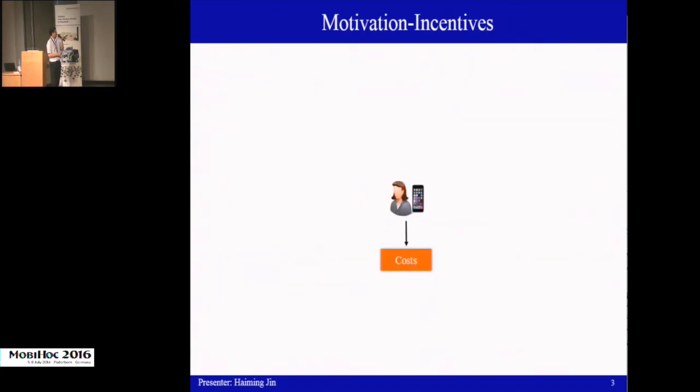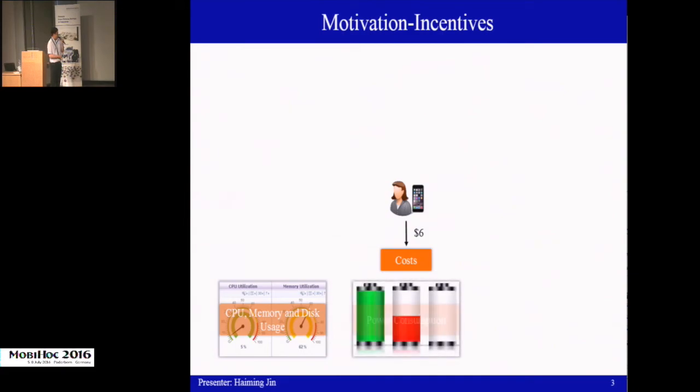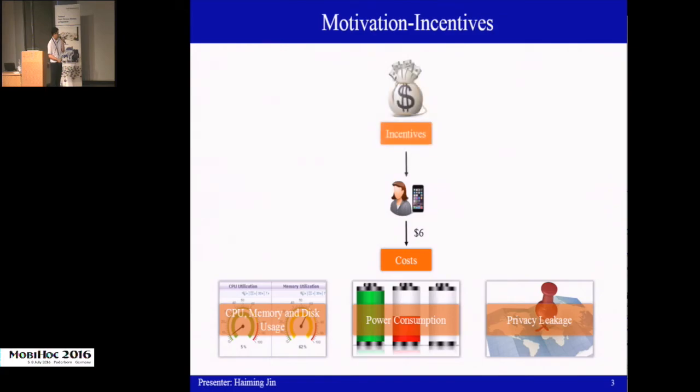Participating in a mobile crowd sensing system is costly for individual workers. The cost comes from various aspects, including CPU, memory, and disk usage, power consumption, and in many cases, privacy leakage. Therefore, it's highly necessary to have an effective incentive mechanism that can compensate workers' costs so as to stimulate worker participation.